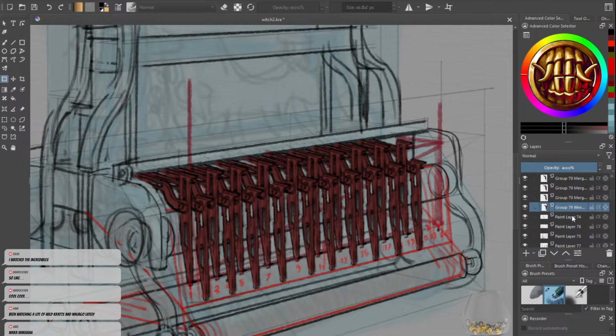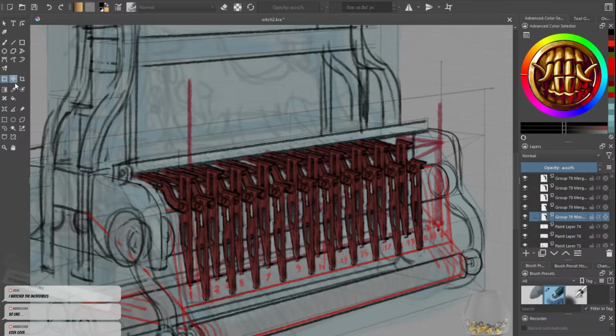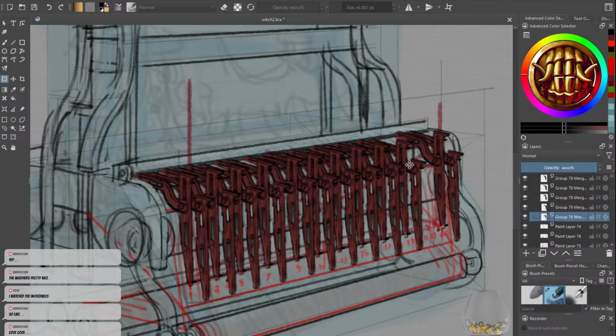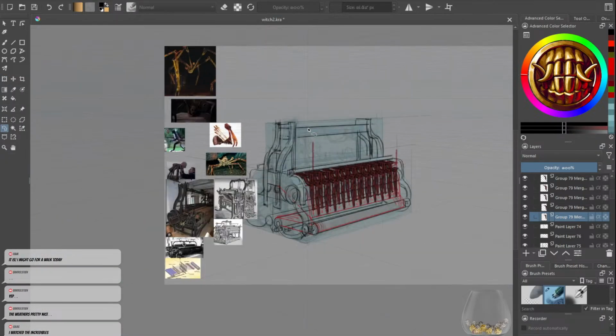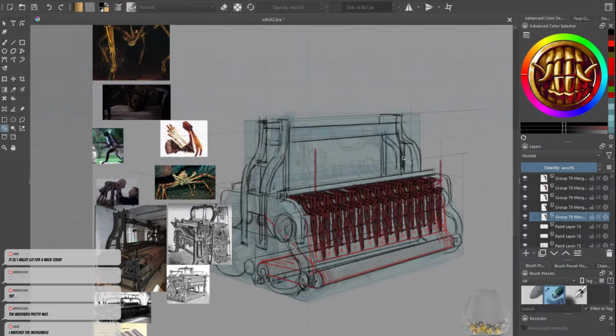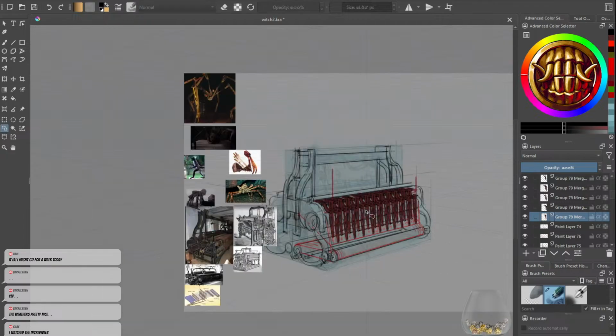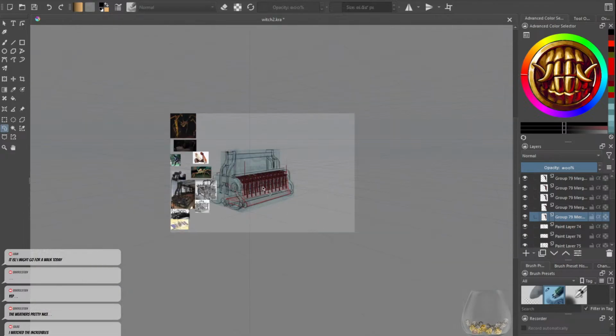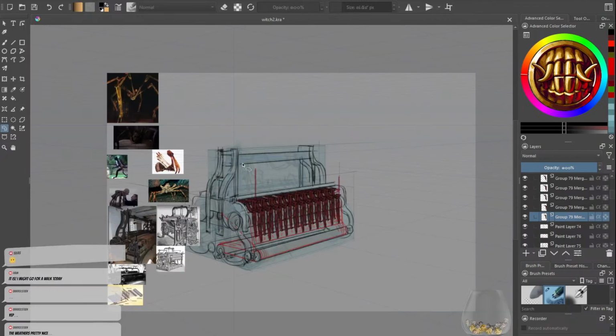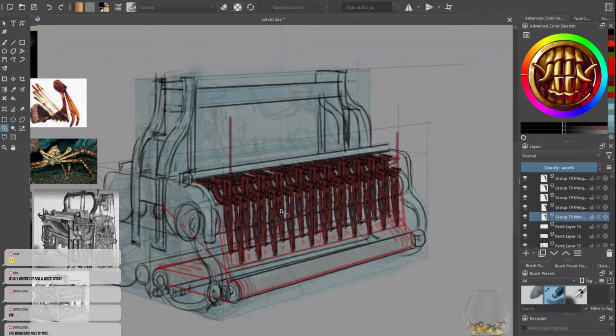It's too big. Then the last row. There you go. It looks ridiculous. Is that too much? I mean, what do you think?